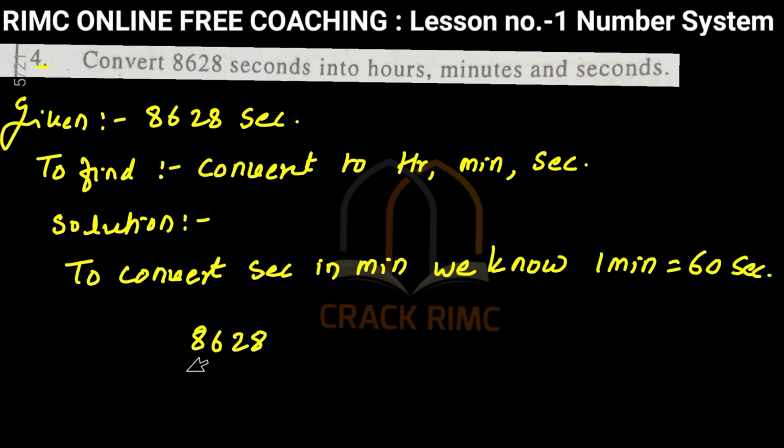8628 divided by 60. I will divide it by 12. 12 5s are 60. 12 1s are 12. 12 7s are 84. Remainder will be 2. 12 1s are 12. Remainder will be 10. 12 9s are 108.